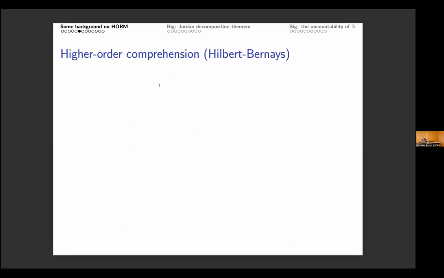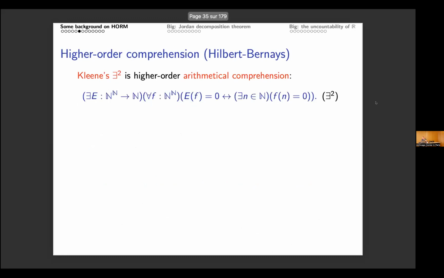So, higher order comprehension, actually going back to Hilbert and Bernays. Kleene's E2 is essentially higher order arithmetical comprehension. Here you have it. It's a third order object, and it takes as input an element of Baire space and decides if it has a zero or not.